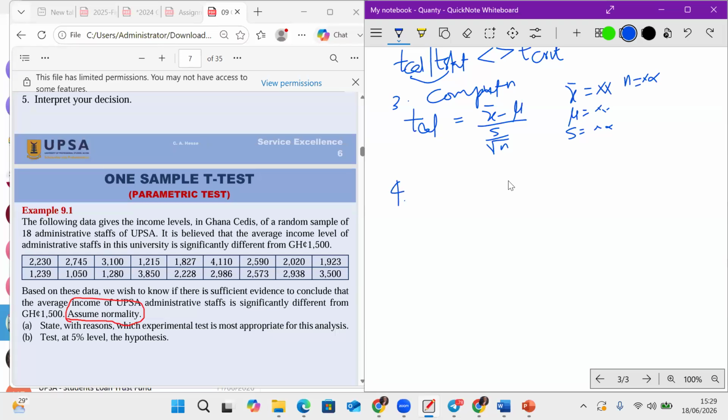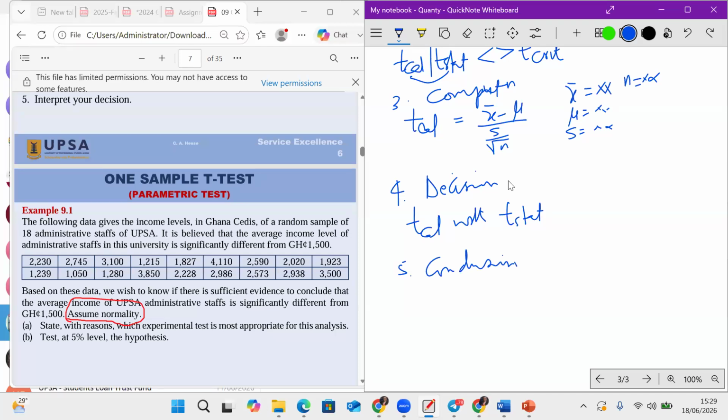Then number 4, we make a decision. The decision is based on the T-cal value we get from step 3. We will compare that T-cal value with the T-crit, and make our decision. Then 5, we make a conclusion.